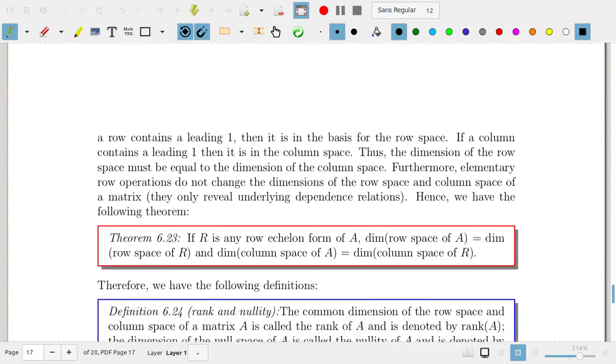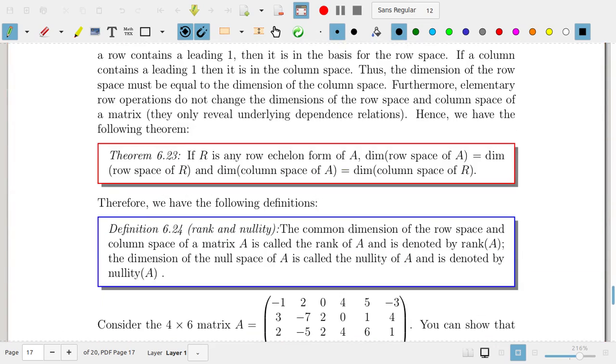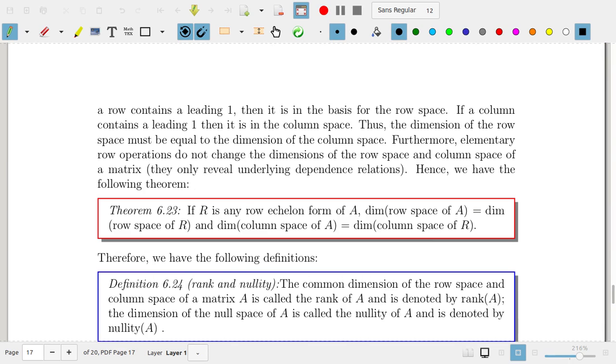The number of rows that contain a leading one is of course equal to the number of columns that contain a leading one. So the dimension of the row space must equal the dimension of the column space, and elementary row operations do not change these dimensions. What they do is only show you the linear dependence relations.